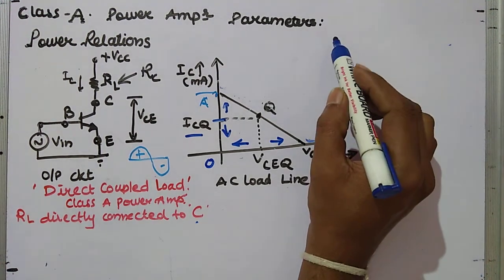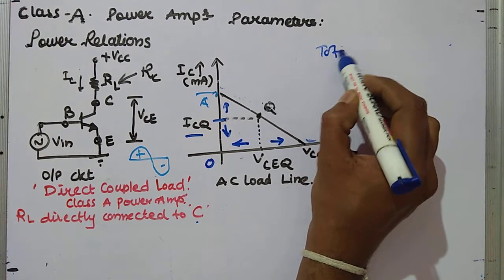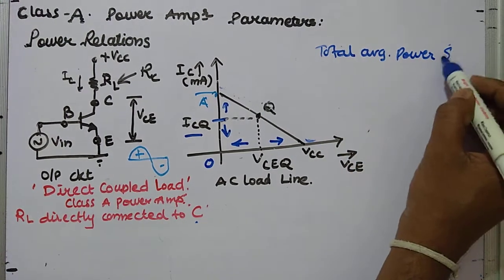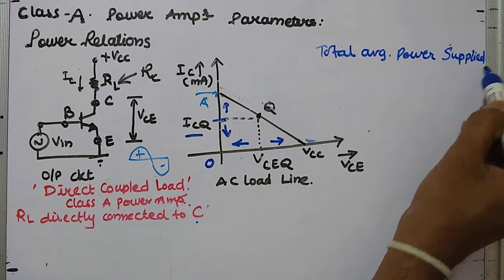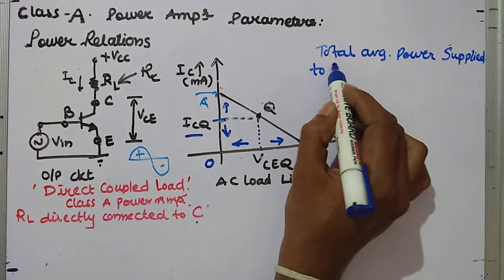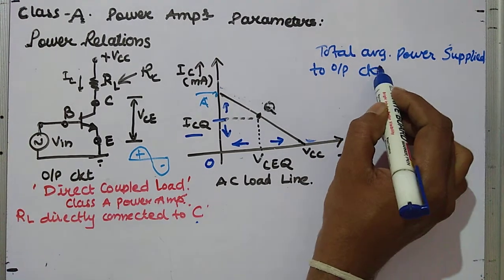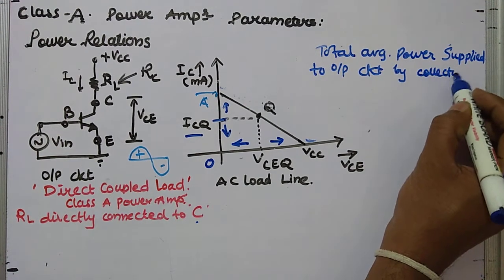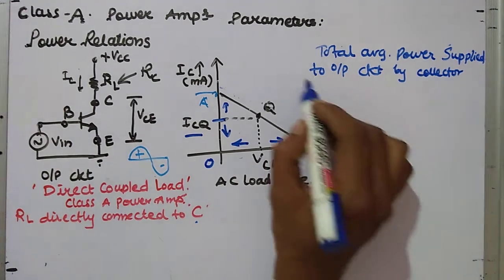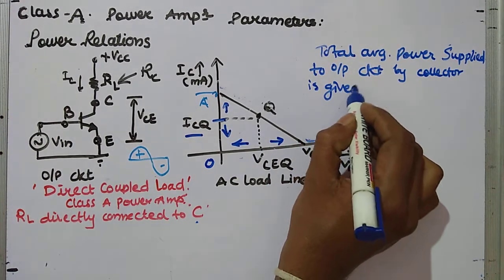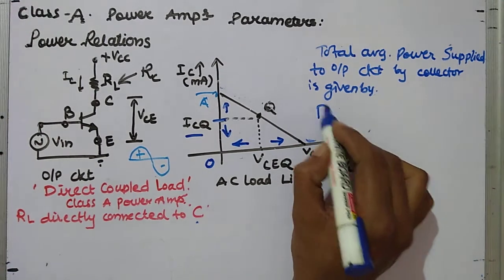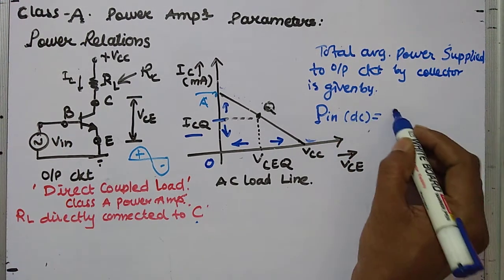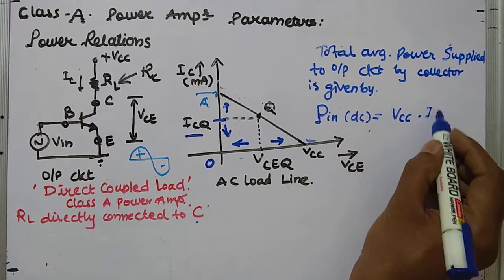Now we will see the total average power supplied to the output circuit by the collector, because we are taking output from the collector, is given by P in, this is DC, is equal to VCC into ICQ.